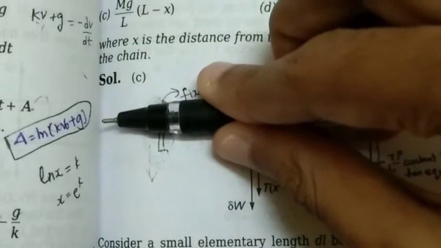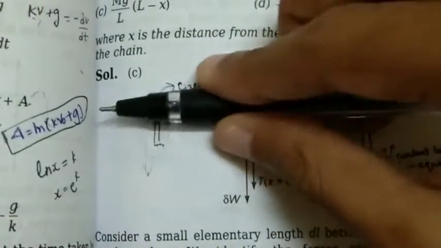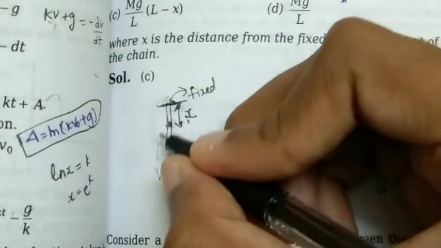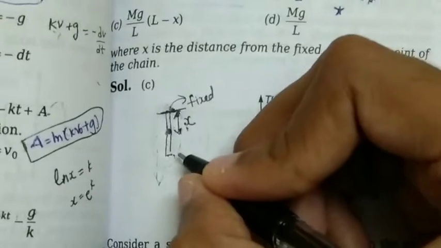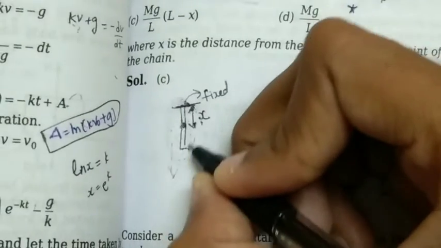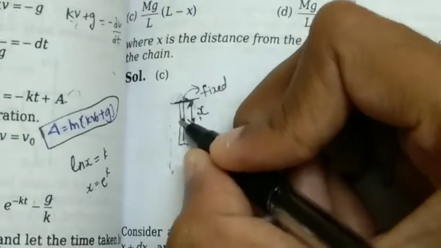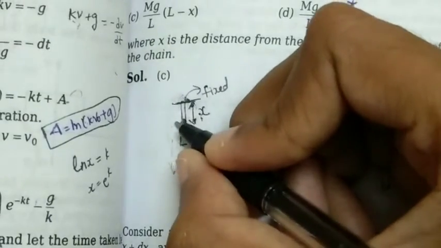Below this point we have some part of the chain, and this part of the chain has its own mass. So this point has to hold this entire mass of the chain lying at the bottom of this point.